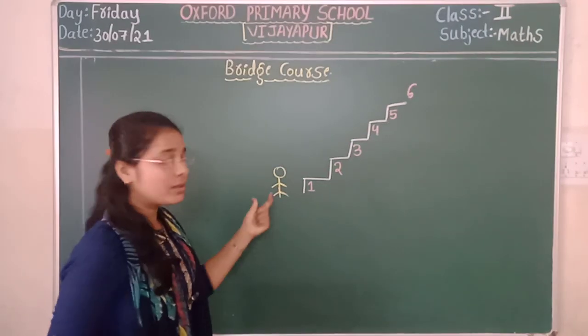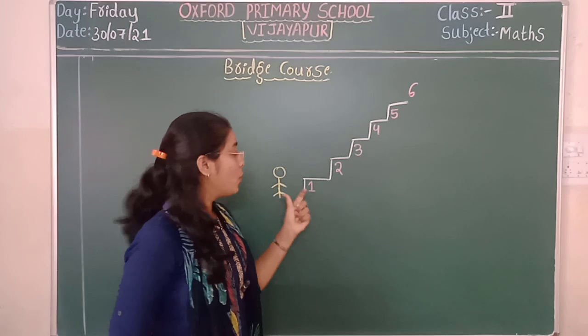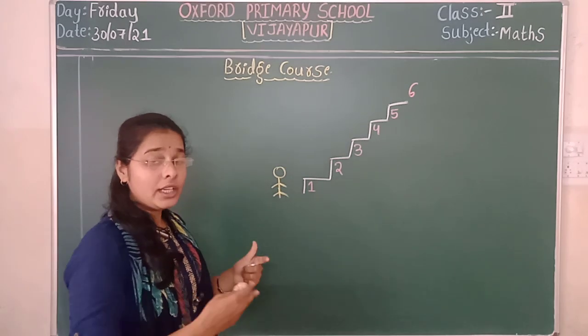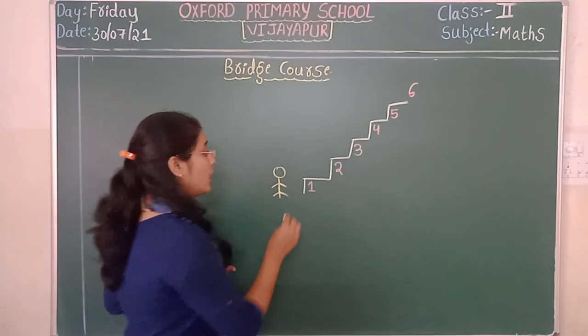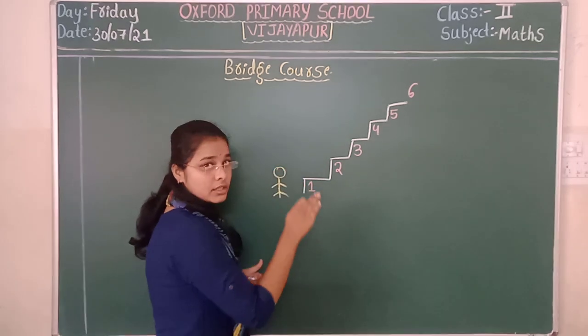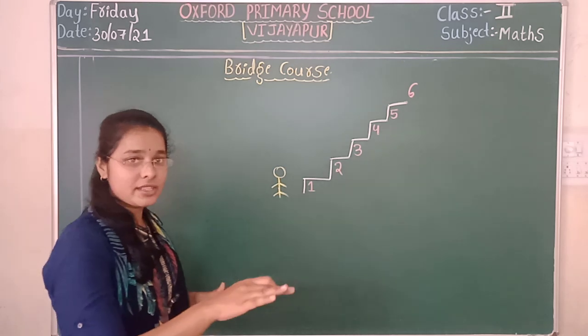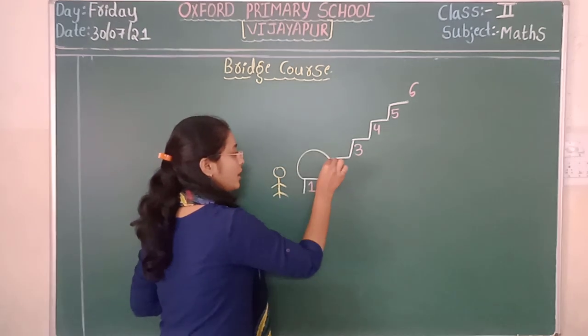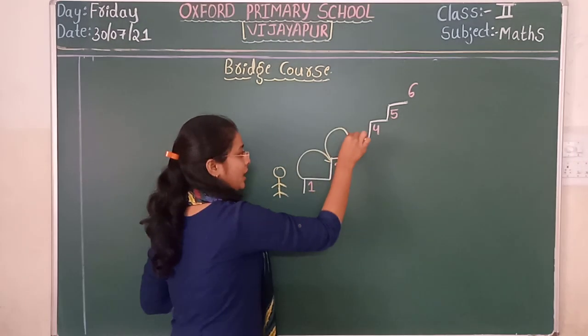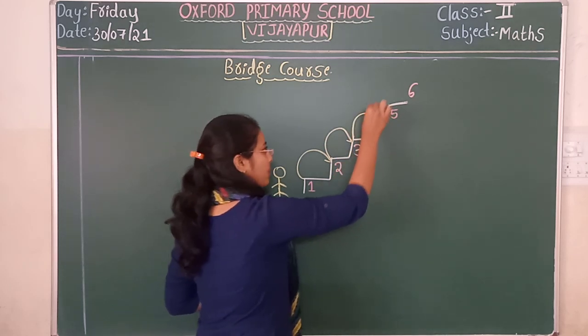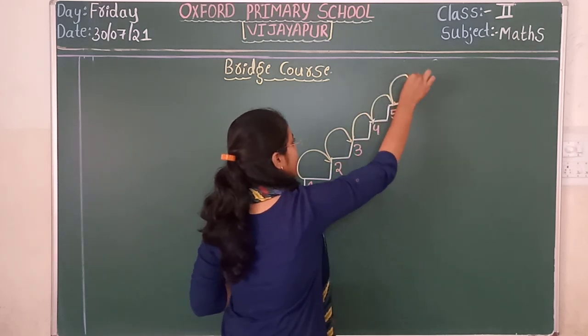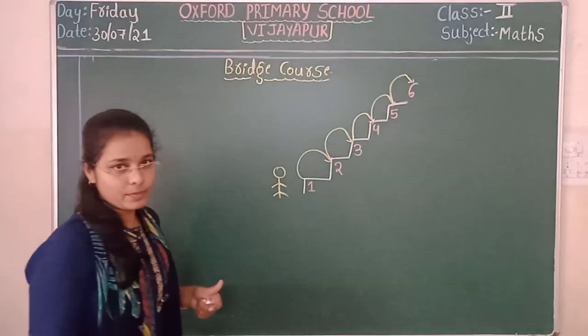This boy wants to climb the steps. He has to put his step on the first step first. Next he has to go to number 2. Next 3, next the fourth step, fifth step. At last he will reach the sixth step.